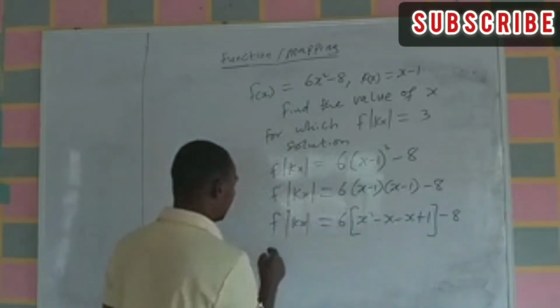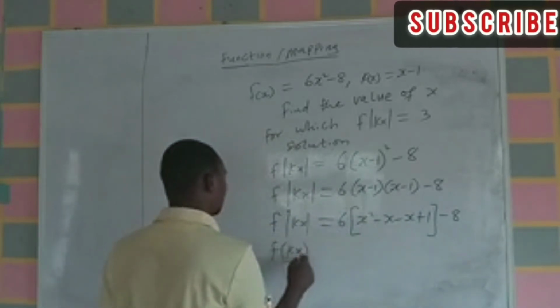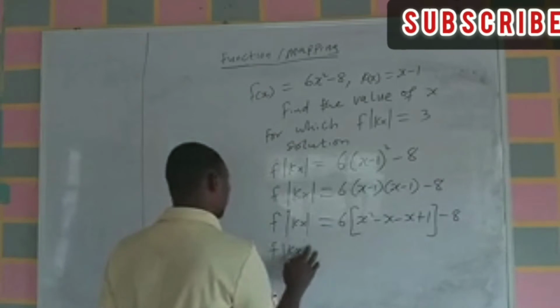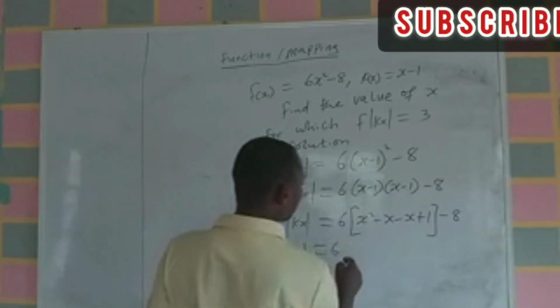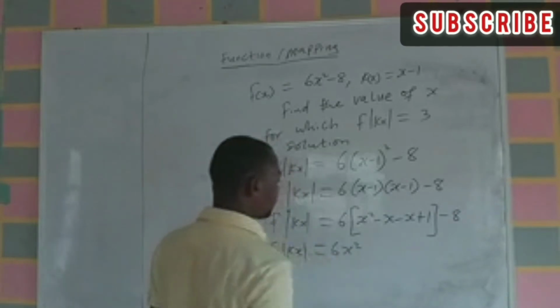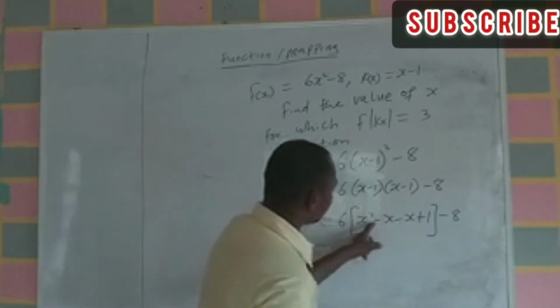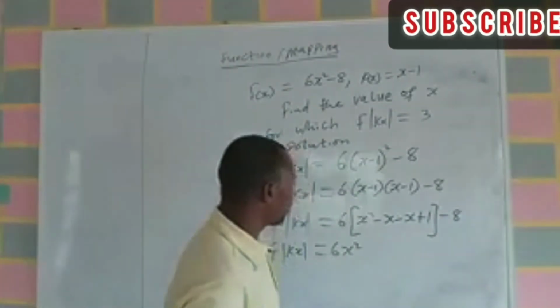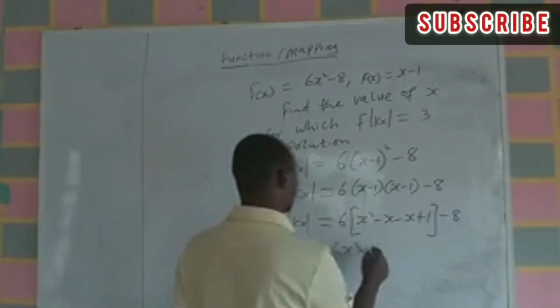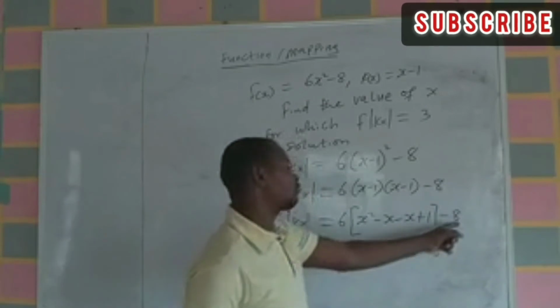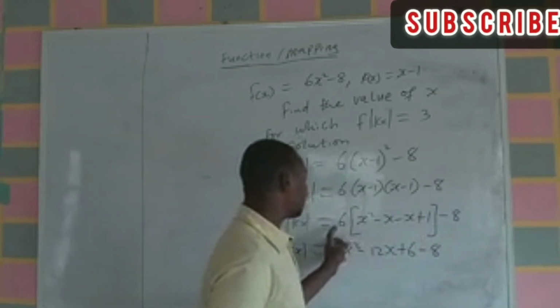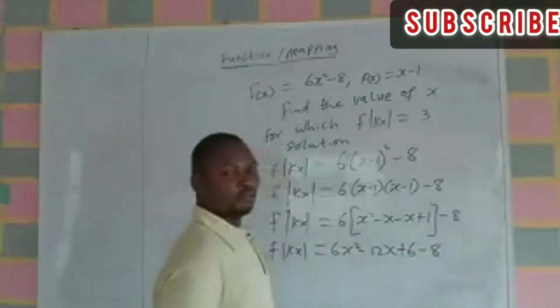So we have f of k of s equals 6s squared. I'm already opening the bracket. This minus 1 will give us minus 2s, so it will give us minus 12s plus 6 minus 8. The 8 must not come in unless the 6 has already opened the bracket.